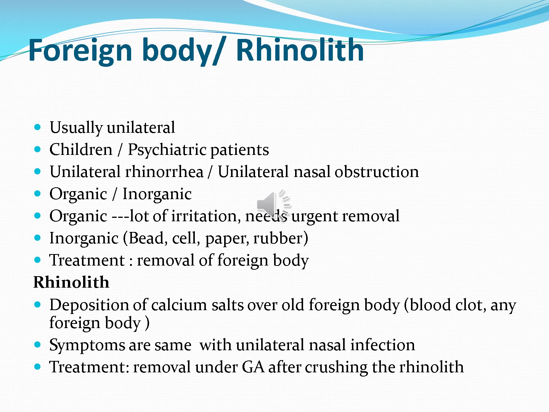Rhinolith is usually always removed under general anesthesia, because you have to break it with the help of instruments and bring it out in the form of pieces. So patient history is very important, and if the child is not cooperative and someone has tried once, you should remove this foreign body under general anesthesia.